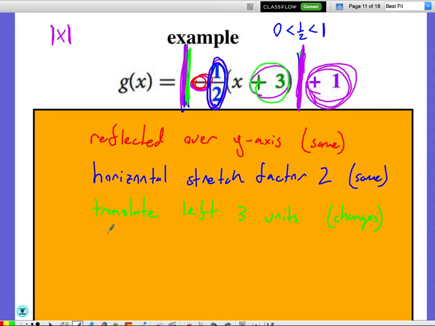So in this case, we're going to translate up 1 unit, and the vertex changes. Alright, those are our transformations right there. We have 4 different transformations.